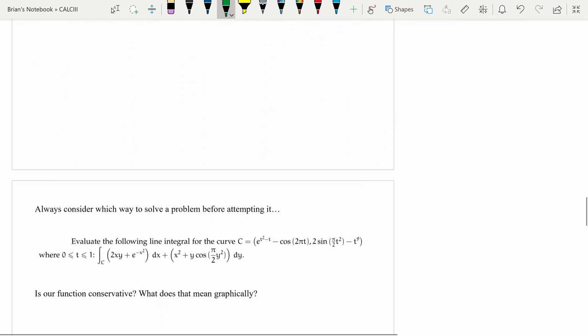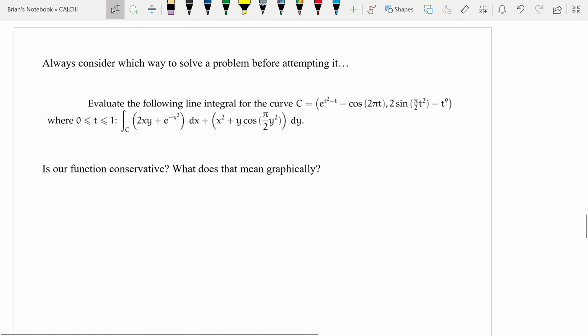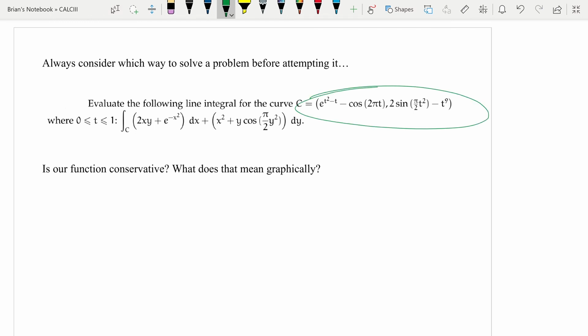So let's press on. This was an interesting problem I ran across. Always remember what conservative means, because when we solve for something and prove it's conservative, that is significant. We've got a really nasty curve here. It'd be fun to plot that curve in MATLAB or Wolfram Alpha or something.